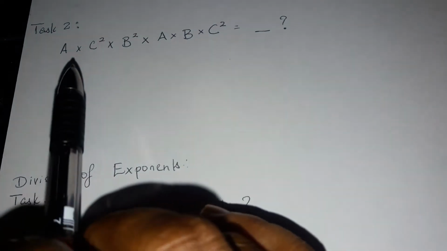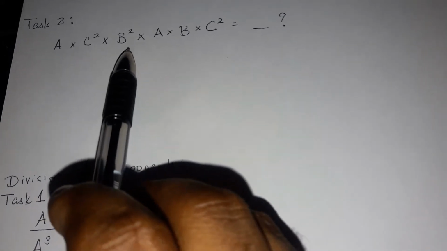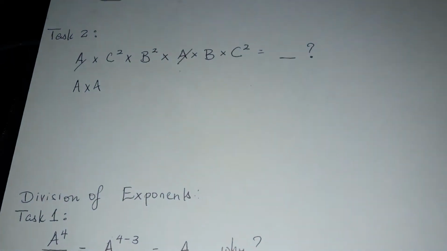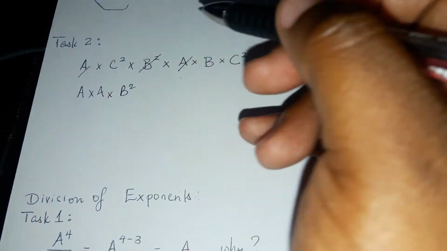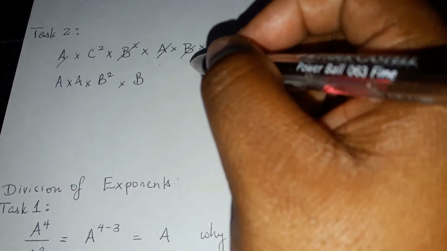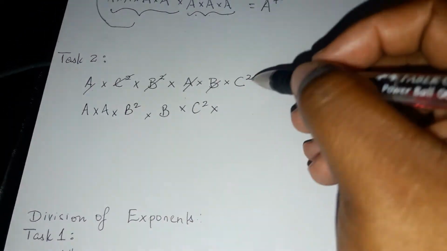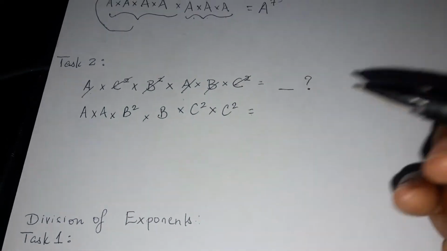So here we have another one. In this one, we're going to have to group because we have different variables. We have A, C, and B. If we group them, we know we have A and A, so you can write it like this, A times A. And then we could group up the B's, so we have B squared times B. And then we could group up the C's, so we have C squared times C squared.